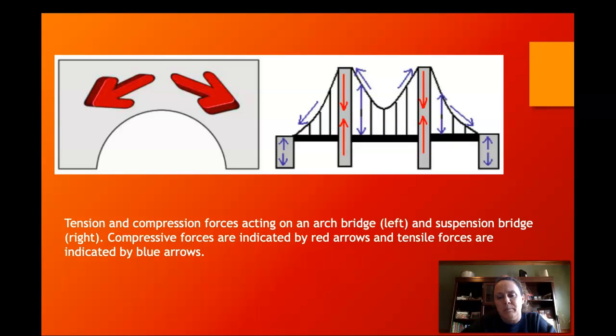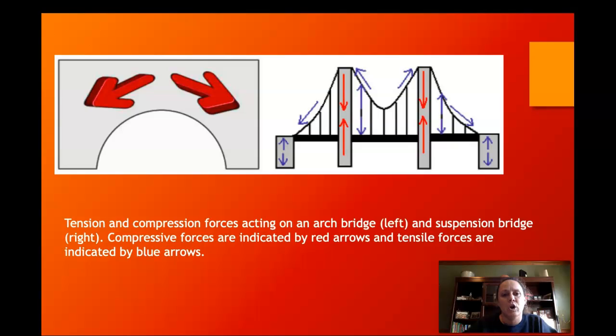If a weight is applied, then all those cables are being stretched. So those are all tension forces in all the cables. But the beams in the middle that the ropes are attached to are being compressed.